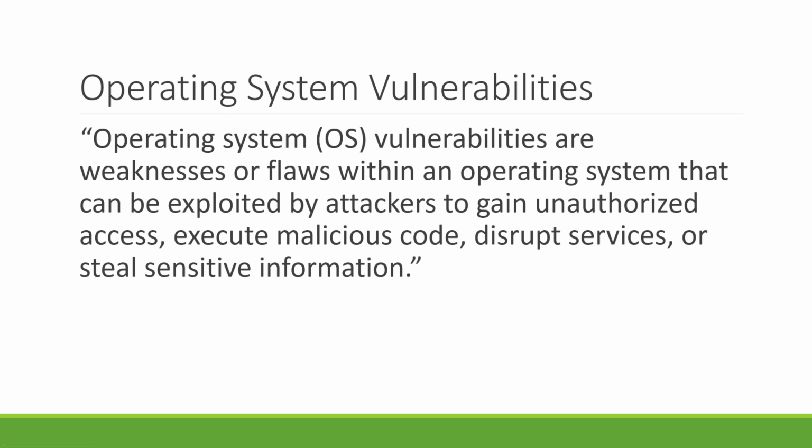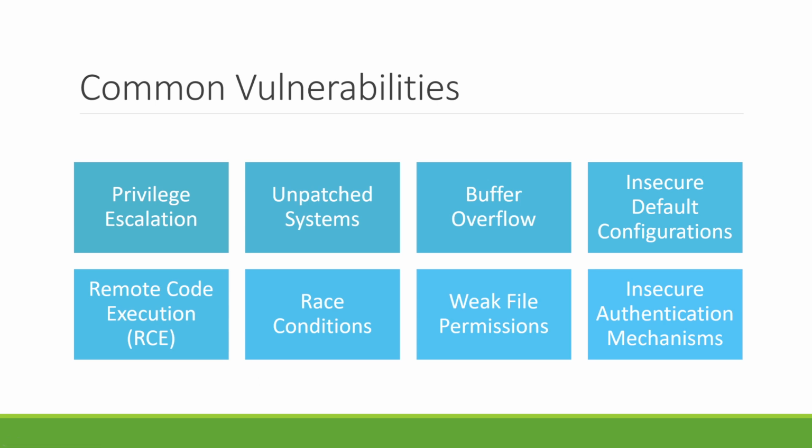Another thing you should know about is operating system vulnerabilities. Now, operating system vulnerabilities are just anything that happens on the operating system. They can be exploited to gain unauthorized access, execute malicious code, disrupt services, or even steal sensitive information. And what do these look like? Well, we can always have privilege escalation, which is just anything trying to get to a higher level.